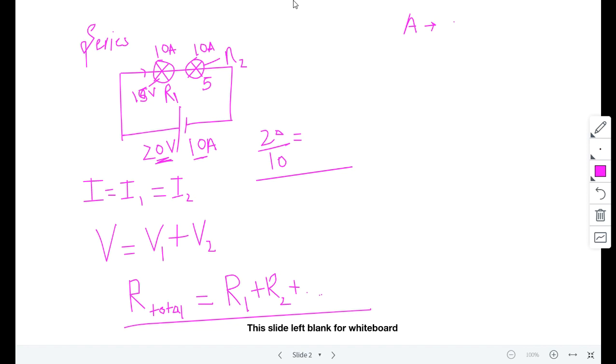No, no. Should I just do 20 divided by 10? Yes, 20 divided by 10. If they are asking you to calculate total resistance, why go for R1 and R2?